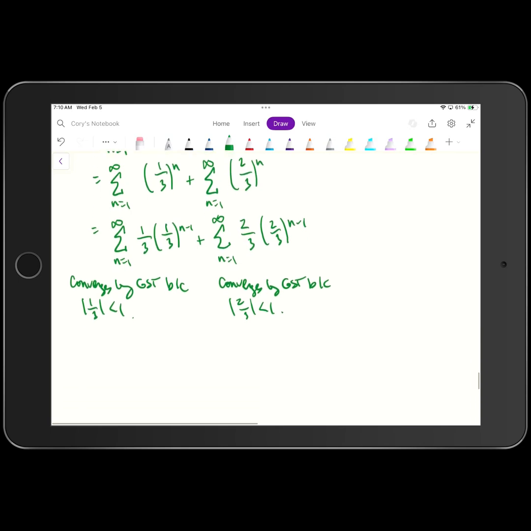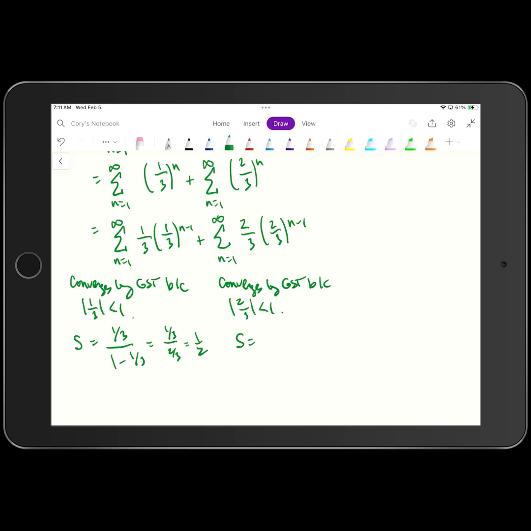Okay, so then we can find the sum of each of these series by taking the first term a, which is 1/3, over 1 minus the ratio 1/3. That's 1/3 divided by 2/3, which is equal to 1/2.